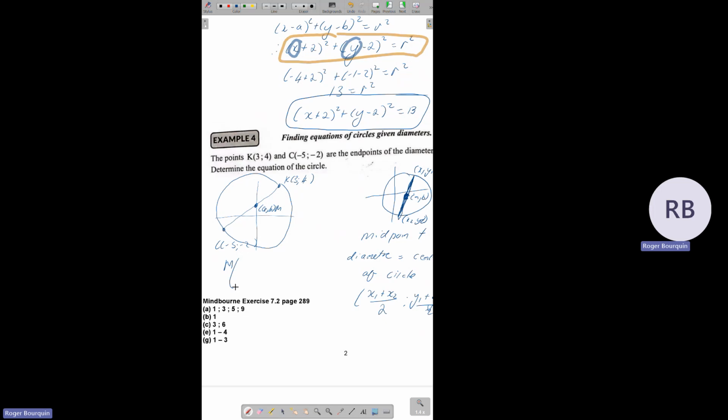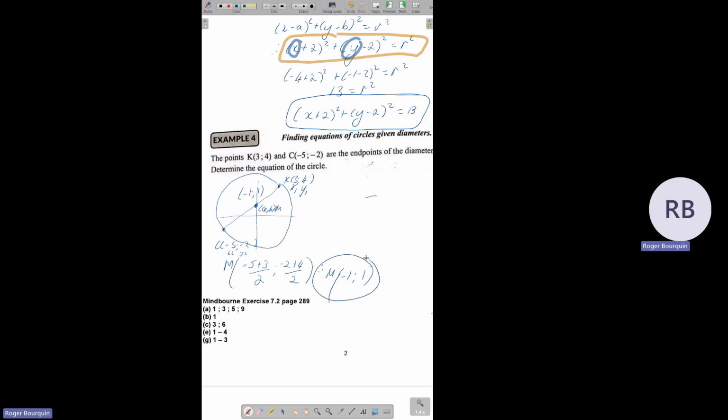So M would be equal to, if that's x1, that's y1, that's x2, that's y2, you add up the x coordinates, so it'll be -5 plus 3 divided by 2, and you add up the y coordinates, -2 plus 4 divided by 2. So therefore your midpoint of your diameter is going to be -2/2, which is -1, and -2 plus 4, which is 2, and 2 divided by 2 is 1. So the center here is the point -1, 1.